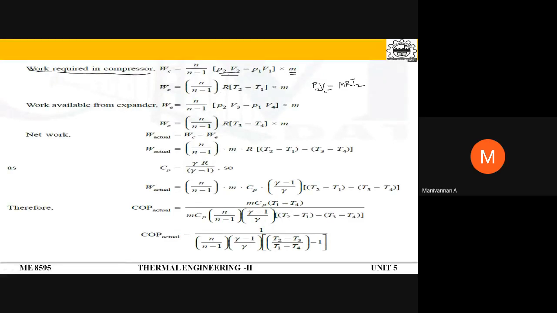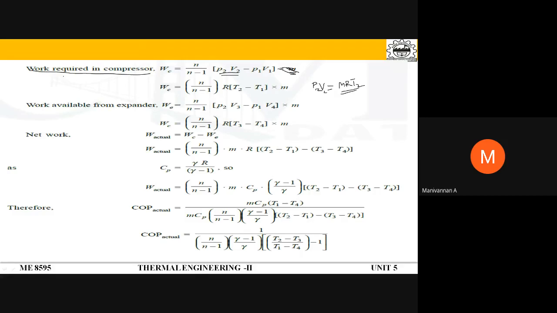Instead of P2V2 we are putting mRT2, and instead of P1V1 we are putting mRT1. So taking R common, the work is n by (n minus 1) times R times (T2 minus T1), multiplied by the mass of the working fluid.